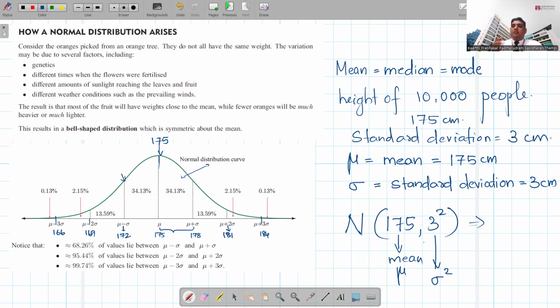So from this, if there are 10,000 people, 34.13% is here. That means 3,413 people are between 175 and 178. 3,413 people are between this. 1,359 people here, 1,359 people are here.